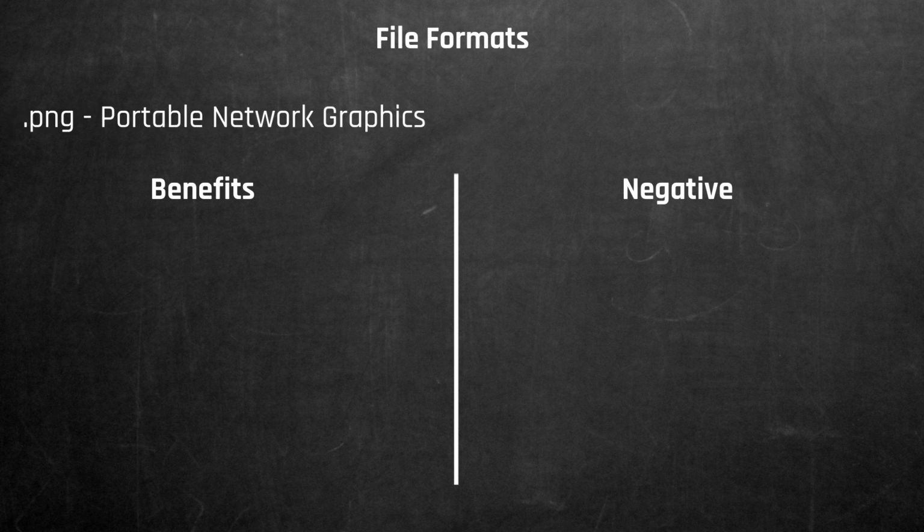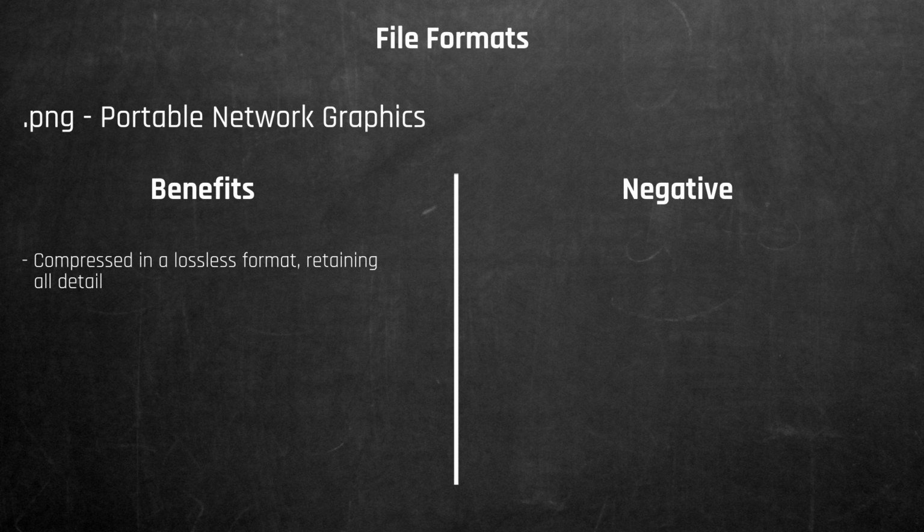PNG. Designed in the 90s as an improvement on the GIF file format, PNG files are ideal for use on the internet. PNGs are compressed in a lossless format and therefore retain all detail.